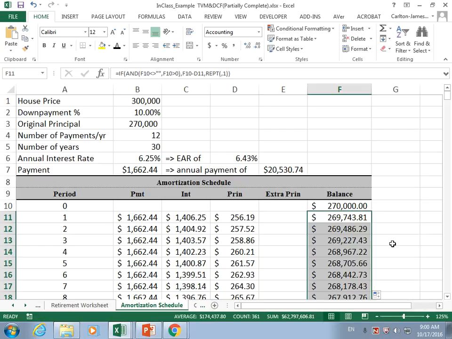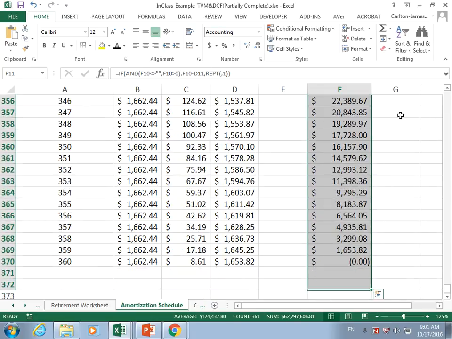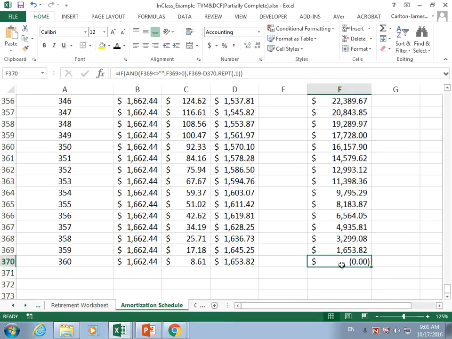Now we can see this doesn't change. The amount of interest you pay changes depending on the balance. And because this is getting smaller, your principal repayment is getting bigger. And so it goes down all the way to this here, 236.